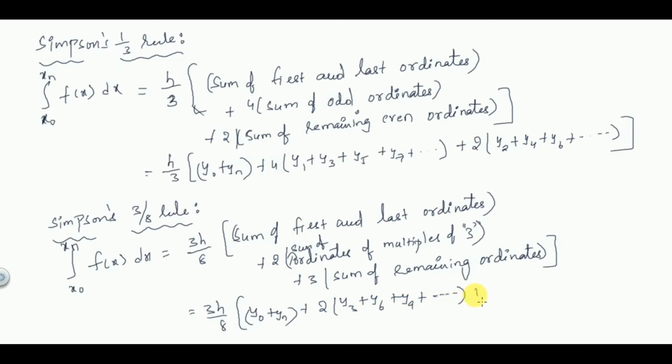Okay, plus 3 into remaining y1 plus y2, y3 is already here, so y3 is not included here, y4 plus y5, again y6 is here, so the remaining y7 plus y8 and y9 is there and so on. Okay, so this is the formula for Simpson's 1/3 rule and Simpson's 3/8 rule.